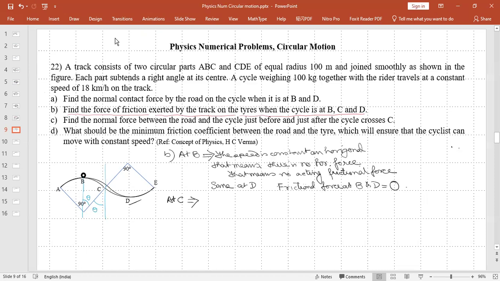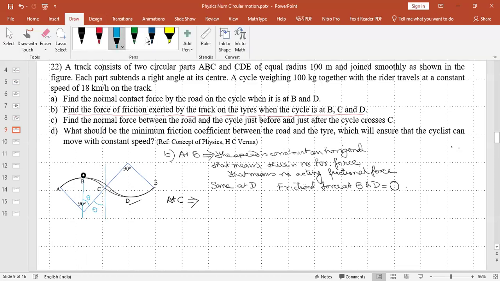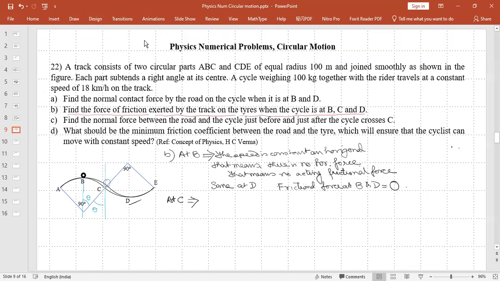And at C, the cycle is trying to come down, right? And this is the force mg. So the force in this direction will be mg sine theta. So there is a force mg sine theta trying to pull the cycle down the slope.